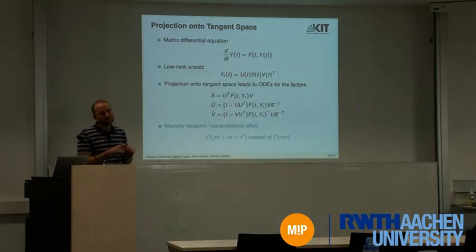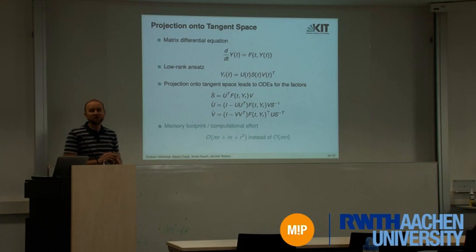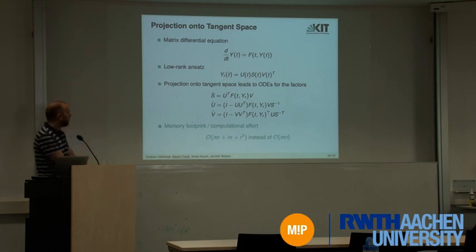Think of a simulation which is 1,000,000 by 1,000,000. I'm going to show you that sometimes I can get by with rank 10 or 20. So it's now 1,000,000 times 10 or 1,000,000 times 20 only. So these objects are much, much smaller. And again, memory is much more important these days than computational effort. That's even huger.